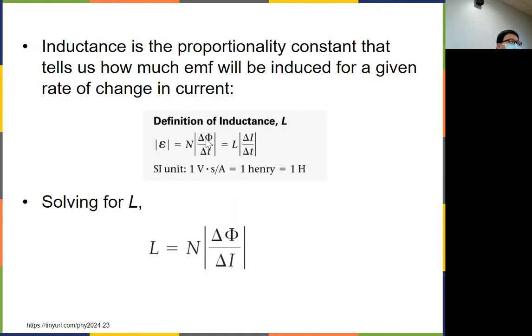But the flux change is proportional to the rate of current change, so you can also relate it to delta I over delta t with the constant L. L is the inductance of the coils in the circuit. From here, you can derive that L is equal to N delta phi over delta I; delta t cancels out. Inductance has an SI unit of Henry, or H for short.